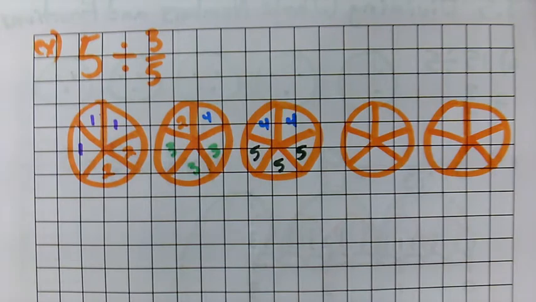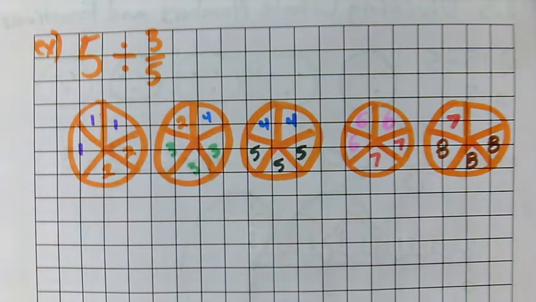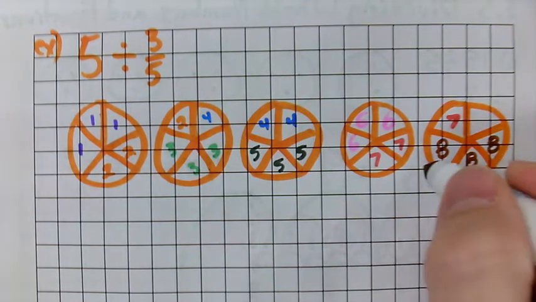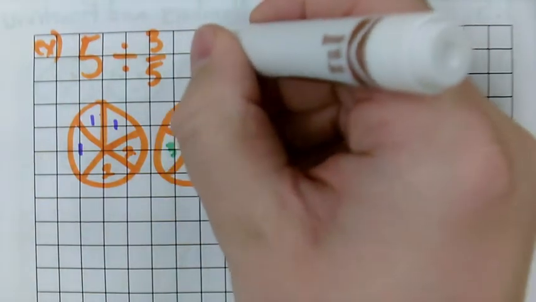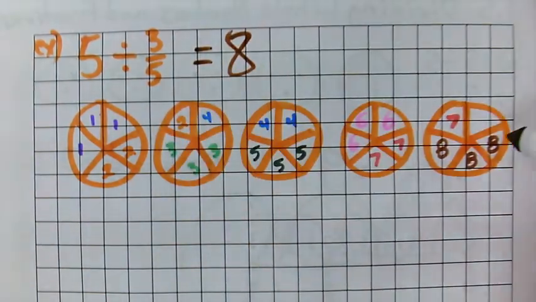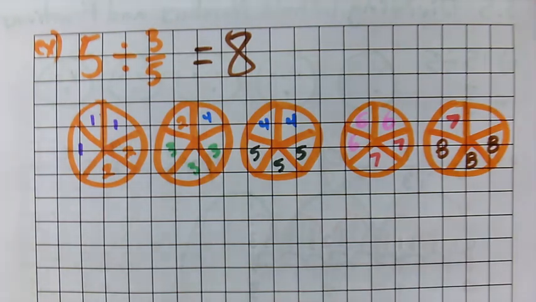My fifth group of 3/5. My sixth group of 3/5. Seventh group. And my eighth group. And it looks like there's 1/5 left over there. So far we found out that there would be 8 whole groups, 8 3/5 groups here. So we know it's going to be 8, but then there's this fifth left over here.